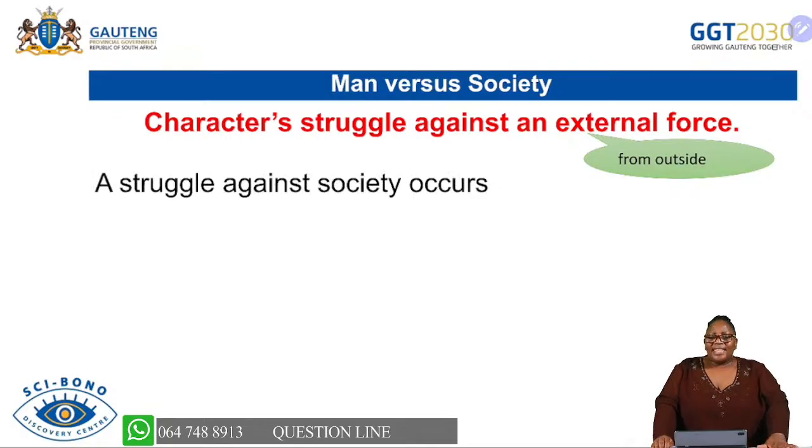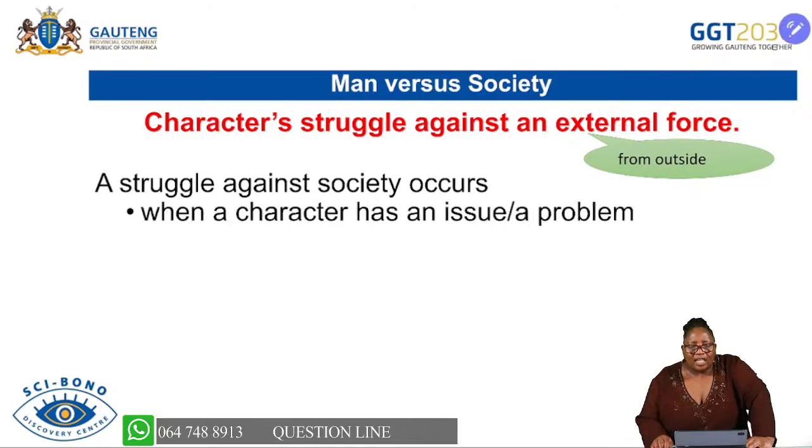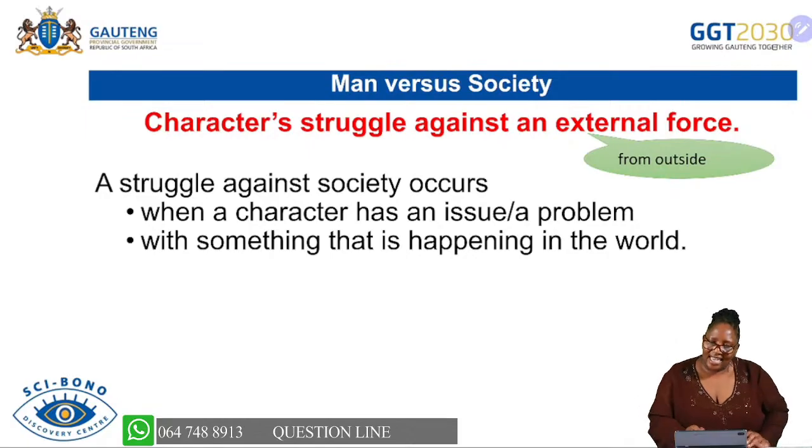Then we have man versus society. The character struggles against an external force. And this force is not like in nature, but it is what society believes in. When a character has an issue or a problem with something that is happening in the world.